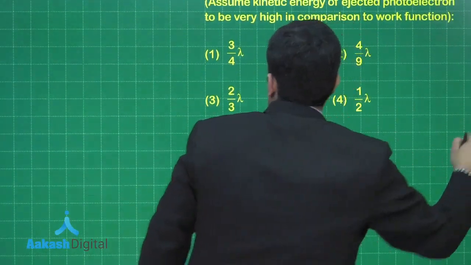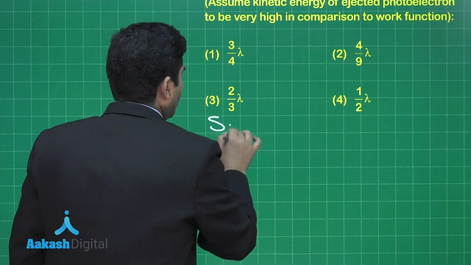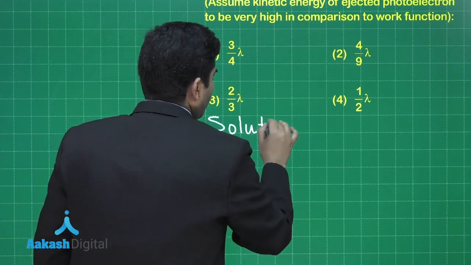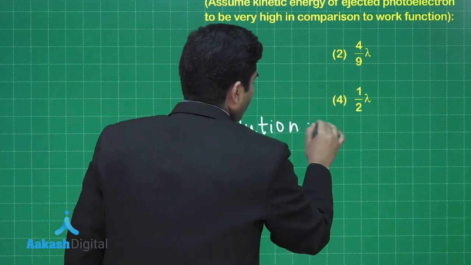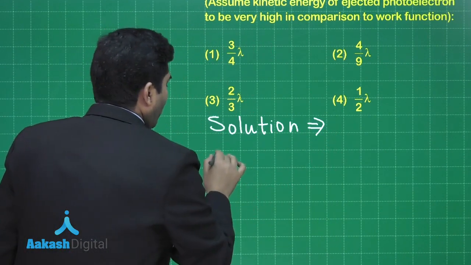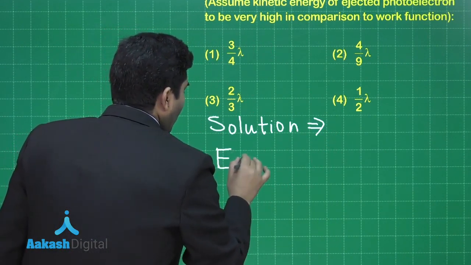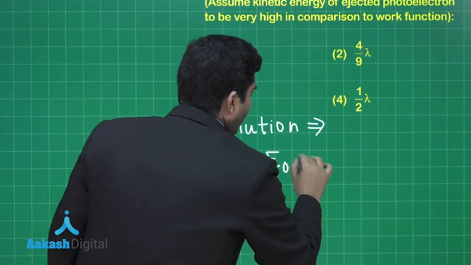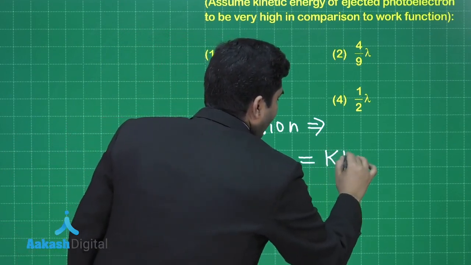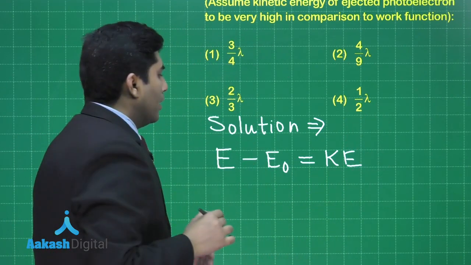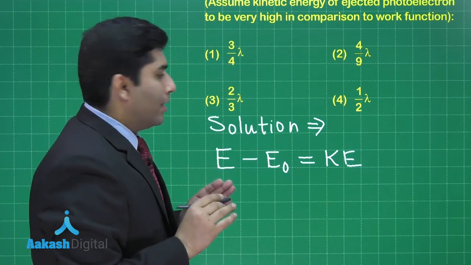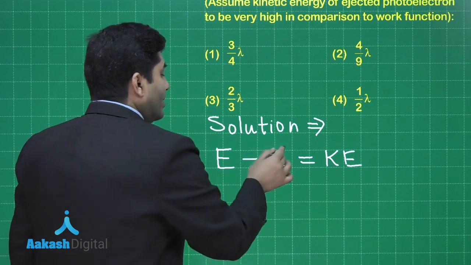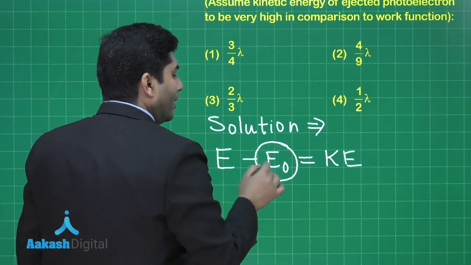So the solution will be: now we know that energy of radiation minus work function is equal to kinetic energy. This is for the photoelectric effect, right? Now what is he saying? He is saying that we can neglect the work function.